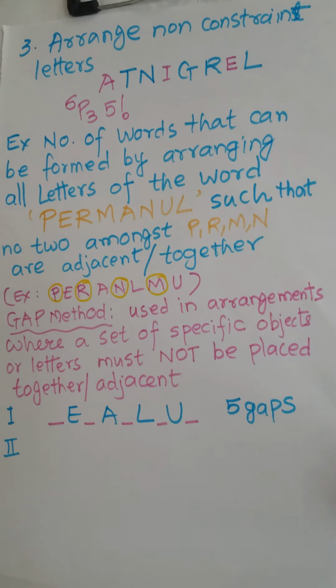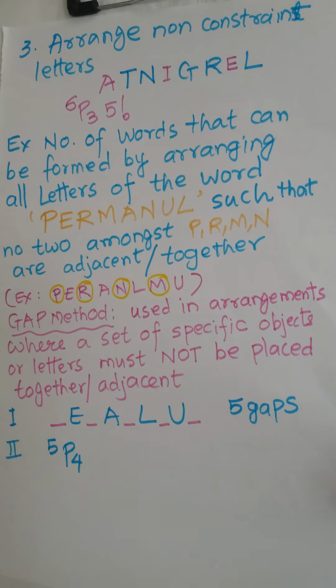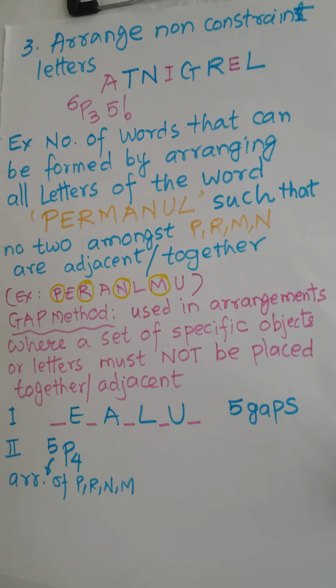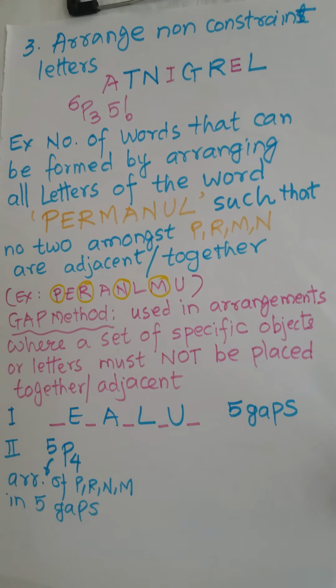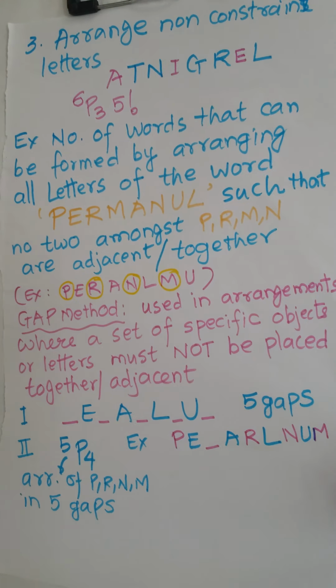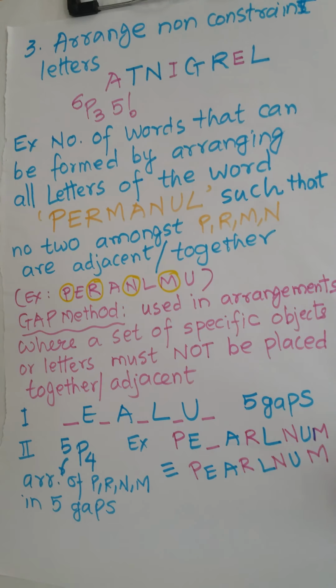Yes, 5 gaps. Now in these 5 gaps, we have to arrange the 4 constraint elements in how many ways? Yes, 5P4 ways, which is the arrangement of P, R, N and M in 5 gaps. For example, let's say it's like this: P, R, N, M, and one gap is left. This gap is removed or not considered.